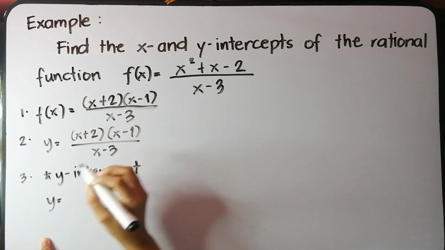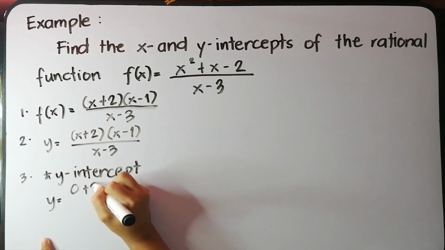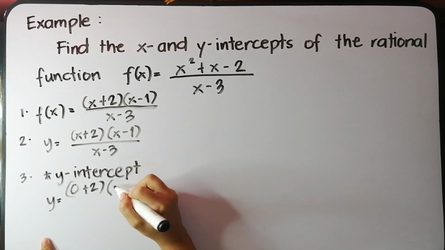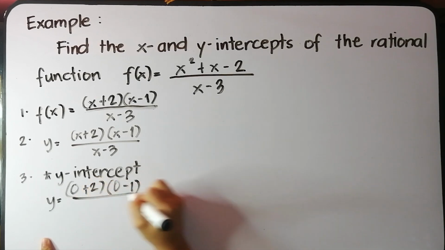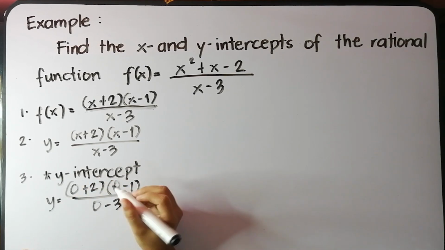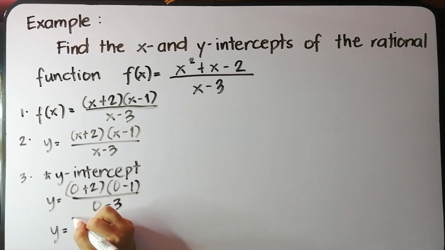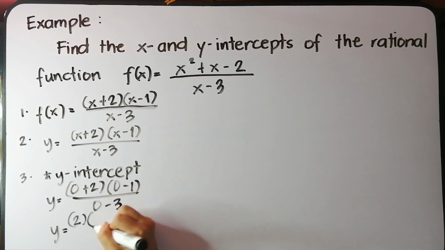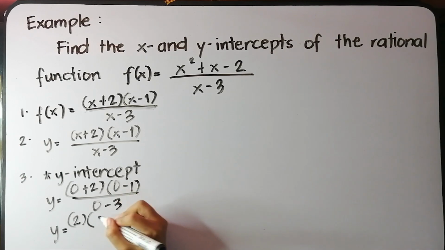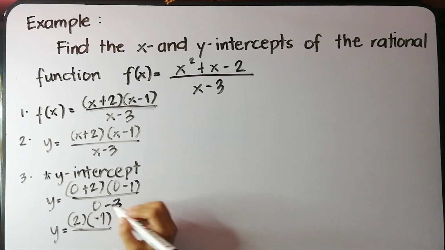So y = (0 plus 2)(0 minus 1) over (0 minus 3).